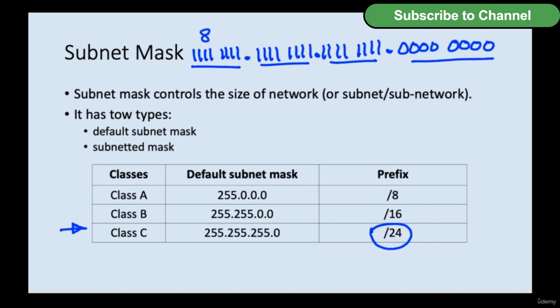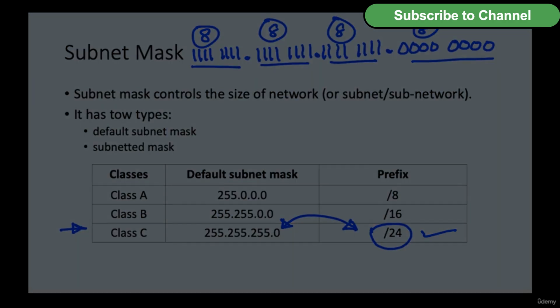These are 8 binary ones, 8 binary ones, 8 binary ones and 8 binary zeros. So if I count the number of ones, they are a total of 8 plus 8 plus 8, 24. So the default subnet mask of class C can be written in its prefix notation as /24.